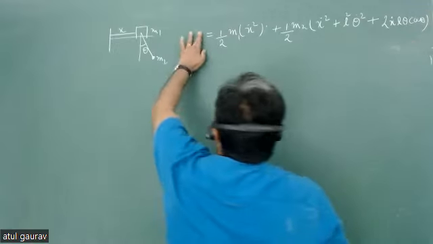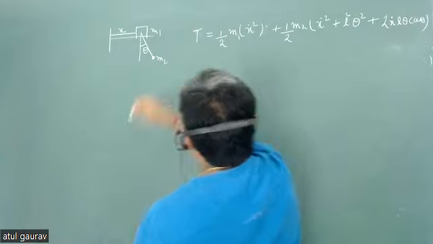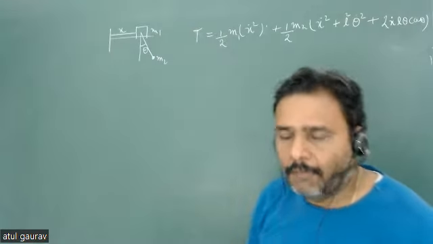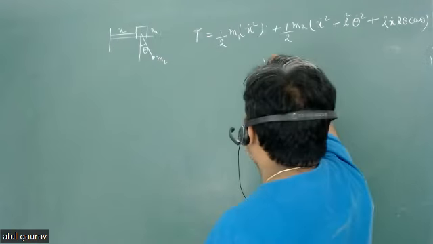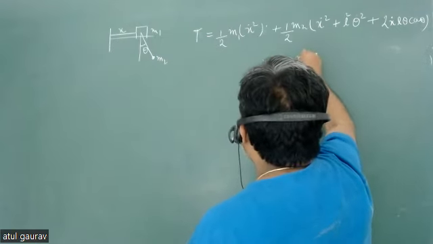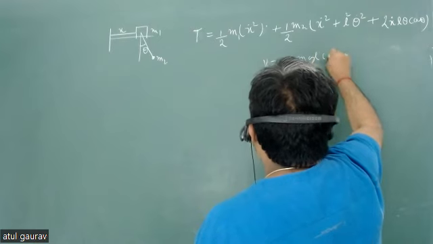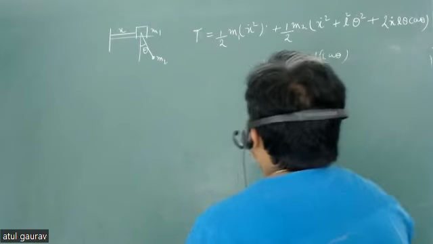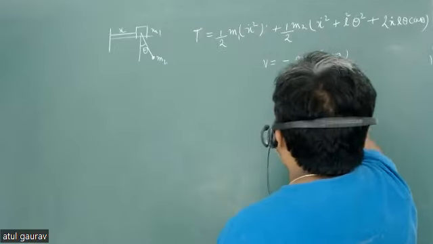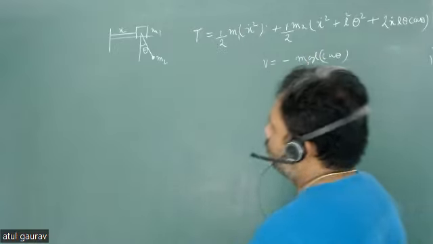This is your kinetic energy. You remember, we have done this problem. Okay. And what is your potential energy? Minus m2 g l cos theta. This is your potential energy.